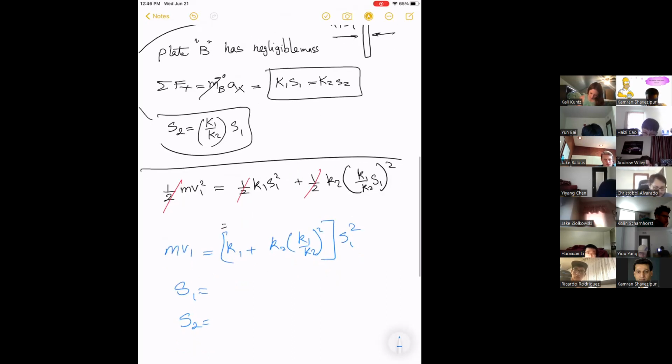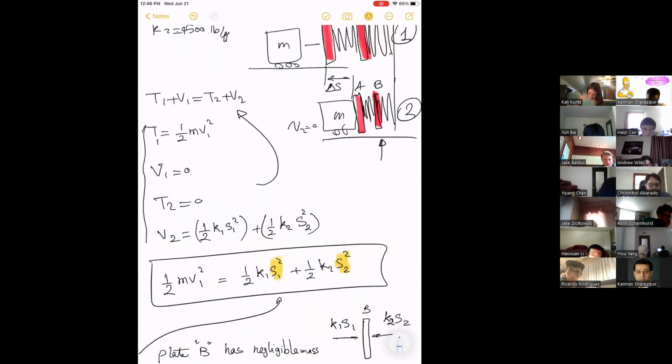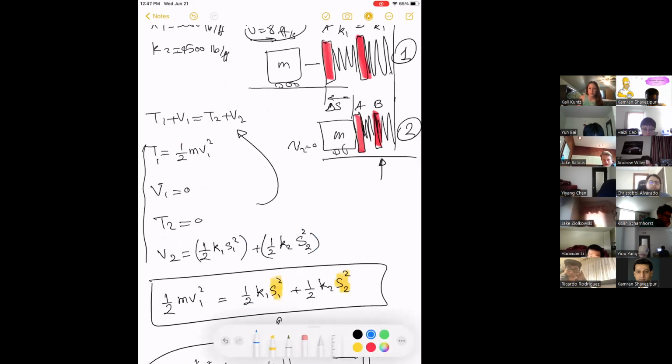If you calculate this, your S1 is going to be 0.772 feet. Your S2 is going to be 0.515 feet. And the overall displacement of plate A, this delta S, is the summation of S1 and S2.